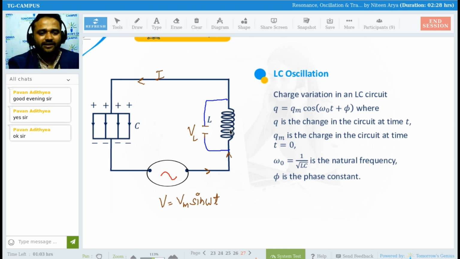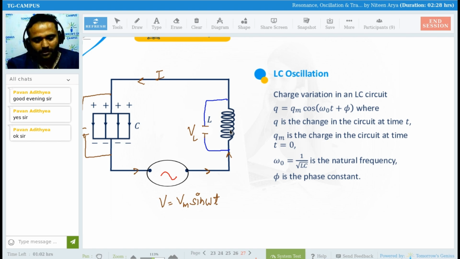But the moment this voltage is going to charge this capacitor, so here what do you get? VC. Clear? This is your VC. But meanwhile it is charging, it is going to discharge again. And in discharging, a current flows from positive to negative, and this again is going to charge.